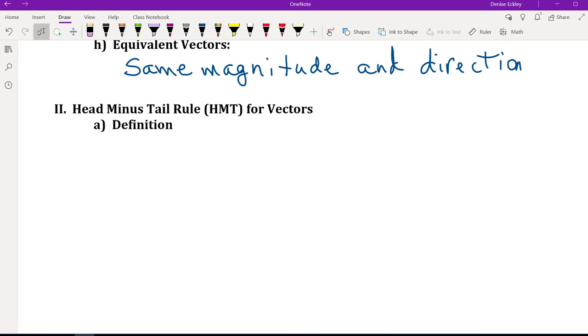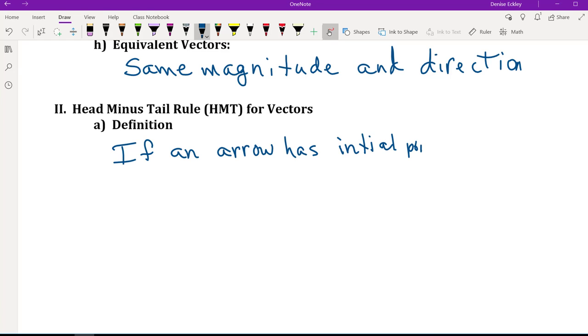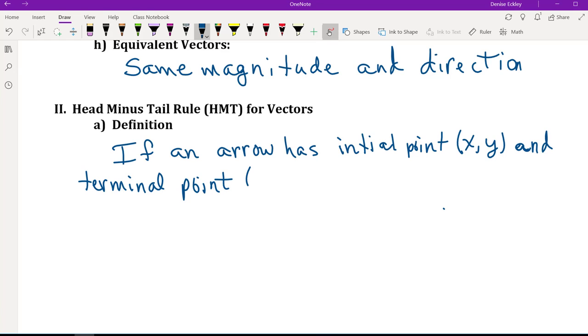So what it is, if an arrow has initial point x1, y1, we give these ones because we're going to have two different x and y's, and terminal point x2, y2.